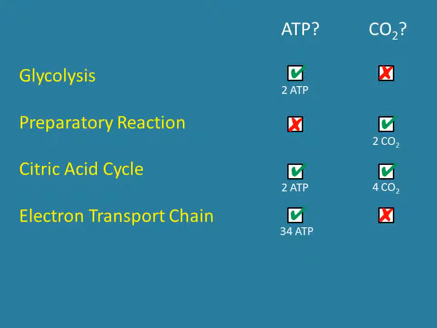And then finally, there's no more carbons to oxidize to CO2, so no CO2 is produced, and that electron transport chain generates 34 ATP from all of the electrons that have been gathered through the process. Thus, one glucose molecule can create 38 ATP molecules for energetic processes inside the cell.